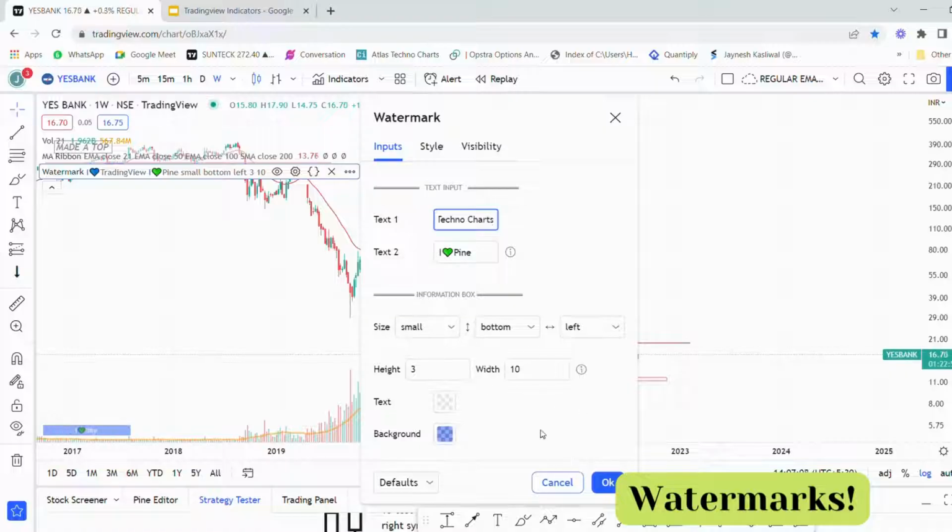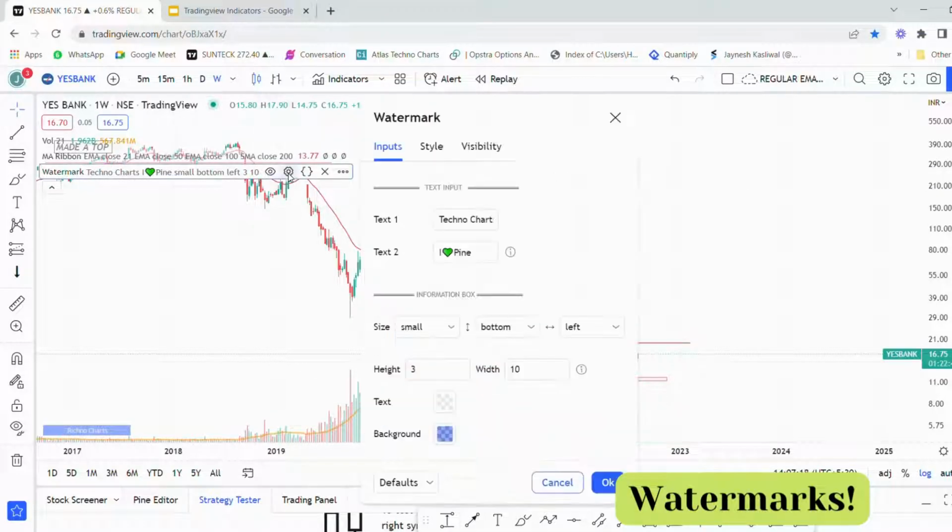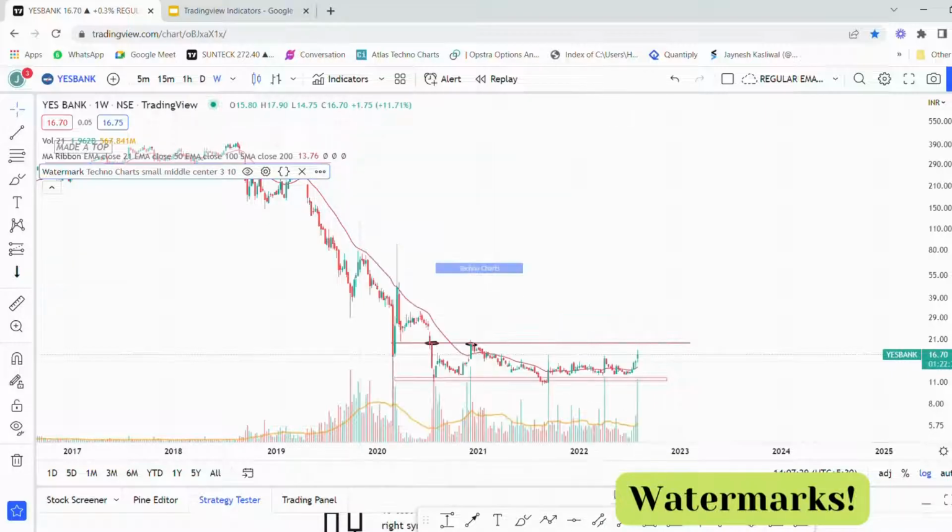Then I can select the size. As you can see on the left corner, I have typed here Techno Charts, and currently I have to use only one. So I will select here, and let's say I want to see this in the middle and in the center.